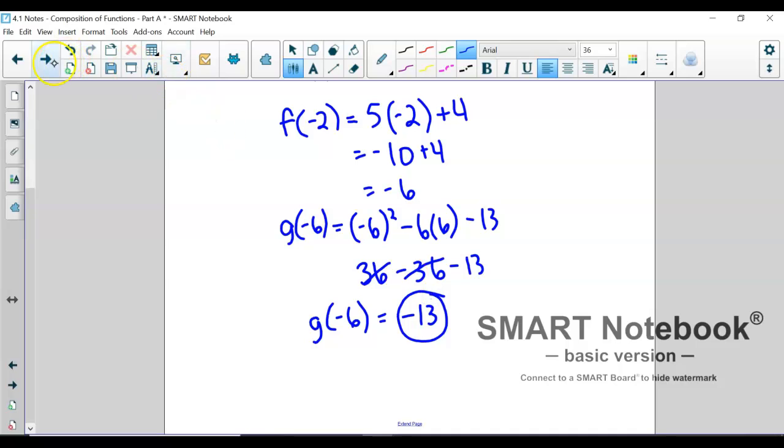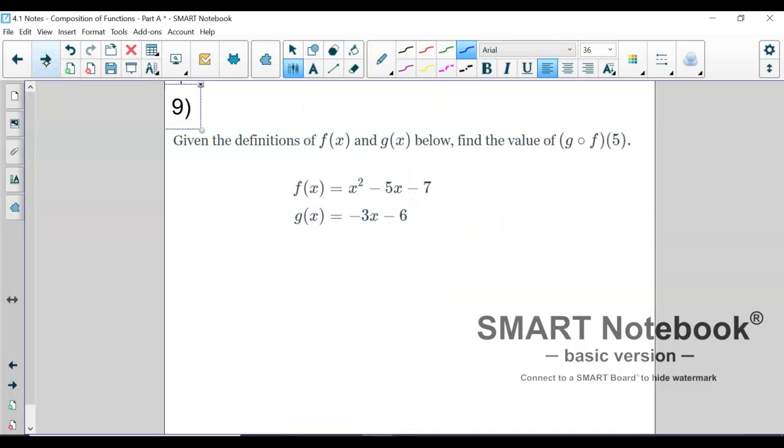Okay, on this next problem, we have a similar setup, but we do have notation that is a little bit different right here. Depending on what kind of textbook or program you're using, sometimes this notation right here will be used for g of f of 5 rather than the other notation that we have seen before.